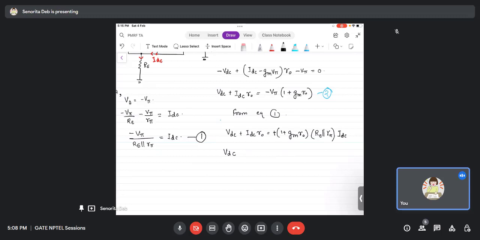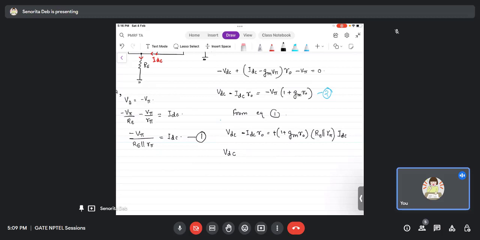Okay, there is one sign mistake here as well. This will be VDC minus IDC R naught. Sorry for this. You can check. Minus VDC plus IDC minus gm V pi R naught minus V pi is 0. So I have taken all the V pi terms to the right side: minus V pi into 1 plus gm R naught, and here I have written VDC minus IDC R naught. That is the second equation.